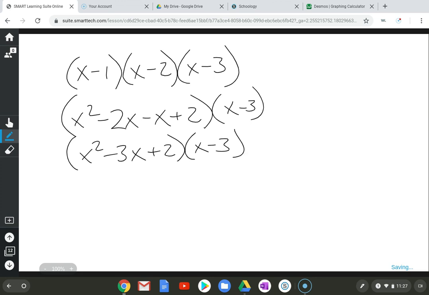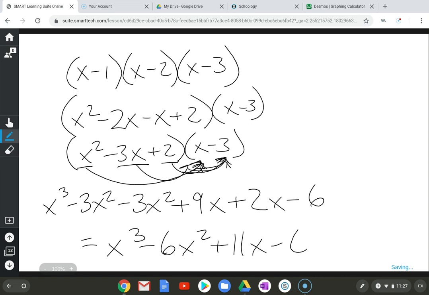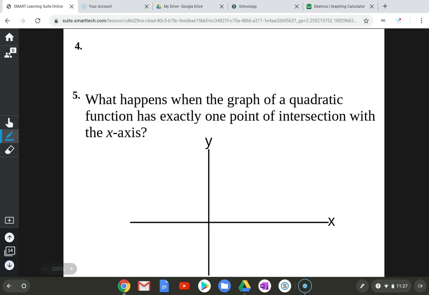And now you're going to multiply this by both of these, and then the next term by both, and then the last term by both. So you get x cubed minus 3x squared, then minus 3x squared plus 9x, and then plus 2x minus 6. And when you combine, you get x cubed minus 6x squared plus 11x minus 6. And there's your polynomial.